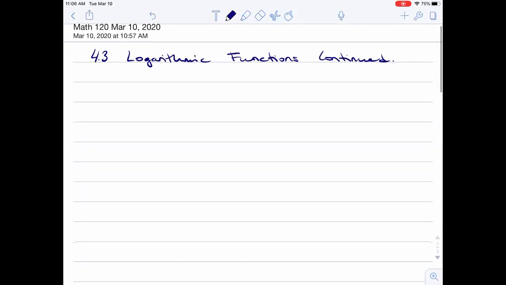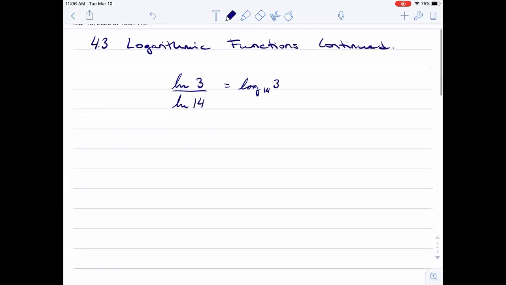Okay, so you're doing the natural log of 3 over natural log 14. Which, if we had to solve that in logs, that would be log base 14 of 3.